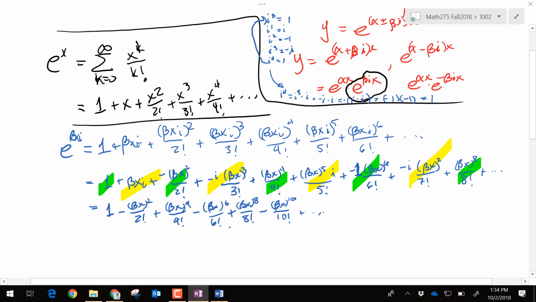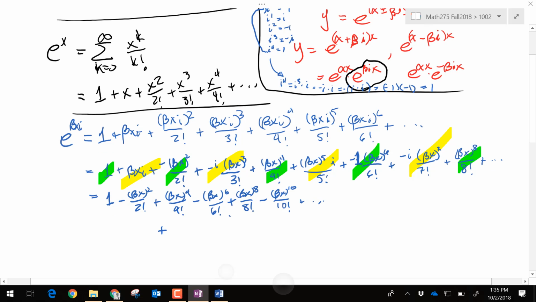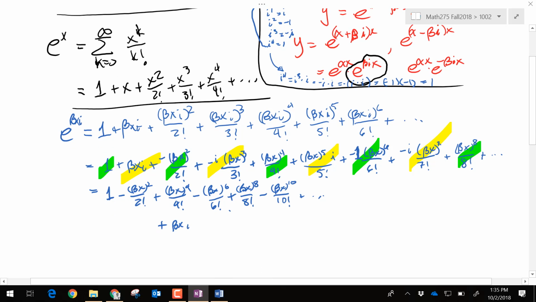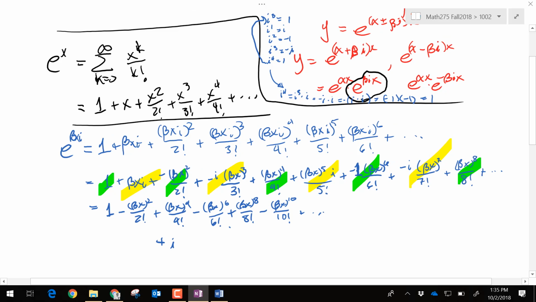Let's see if we can find the pattern for the odd powered ones. So we start off with a beta x i minus, wait, they all have i's in them, right? So I'm just going to factor out the i's from every single one of them. So let's start over and factor out the i, because I know that each of them is going to have a factor of i. And then let's just take a look at whatever's left.